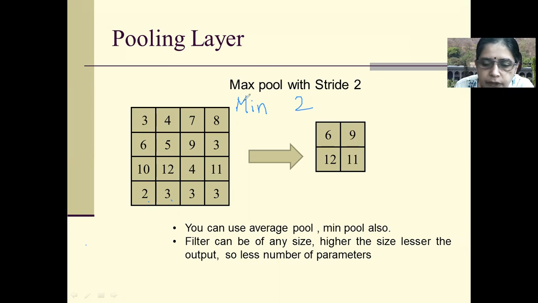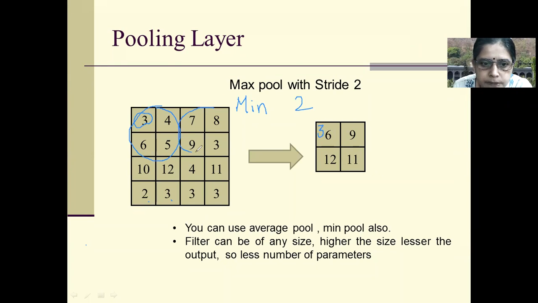Whenever we are using a minimum filter, again we start with the very first 2 by 2 window, because the filter size we are considering is 2 by 2. Here the resultant output will be 3, because we are considering the minimum. So here we will get the value 3.